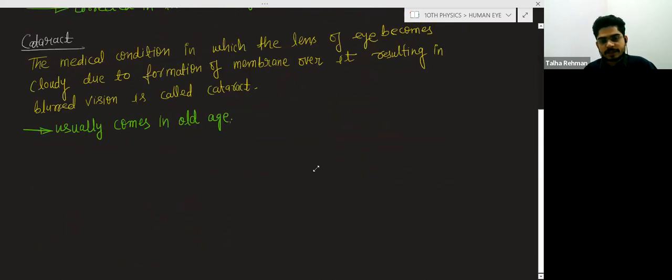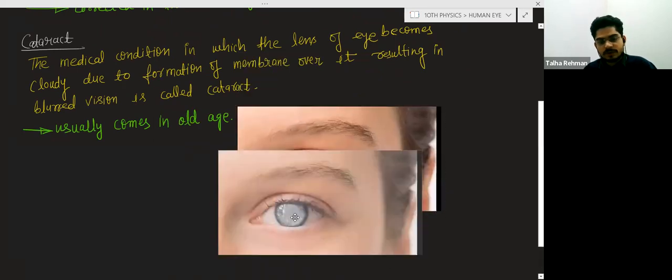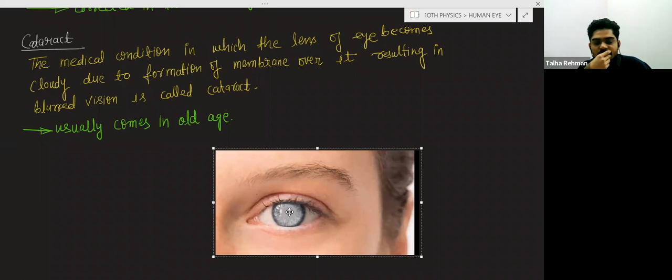Okay, see, this is cataract. This is the layer, white color layer over the eye. So due to this the eye lens becomes cloudy because of this membrane, so that the image is not formed properly, and there is a blurred vision.